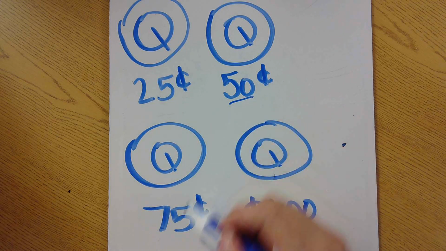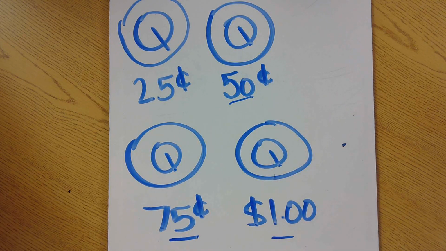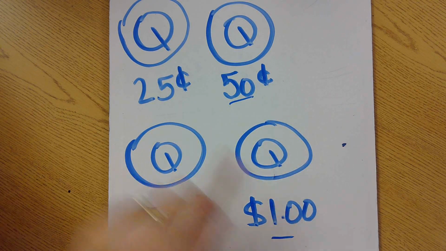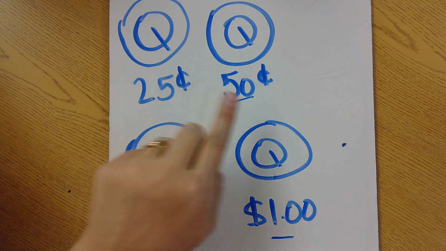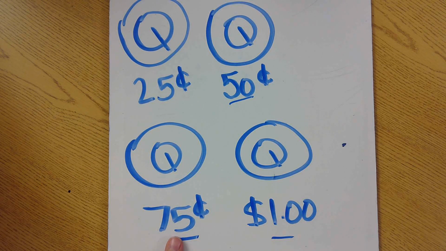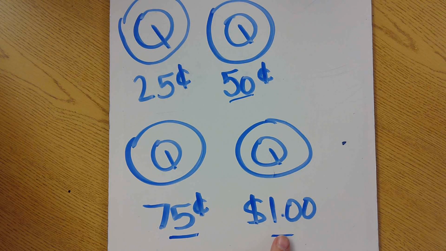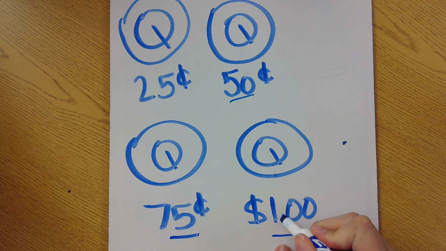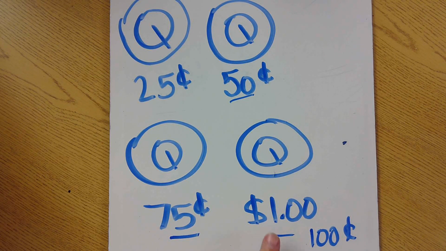Each time, I added 25 cents to the next one. 25 plus 25 equals 50. 50 plus 25 equals 75. 75 plus 25 equals 100, otherwise known as $1. So it's either $1 or 100 cents. Once we get to 100 cents, we call that a dollar.